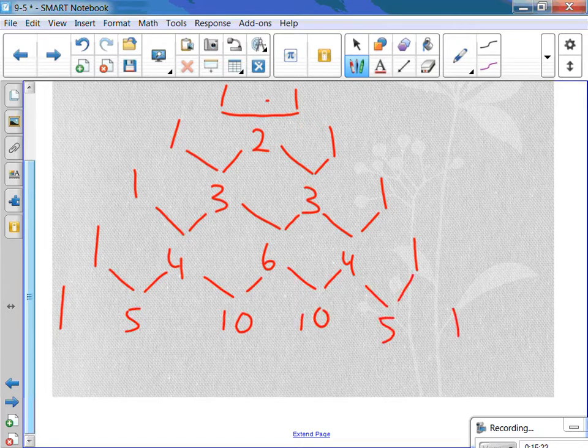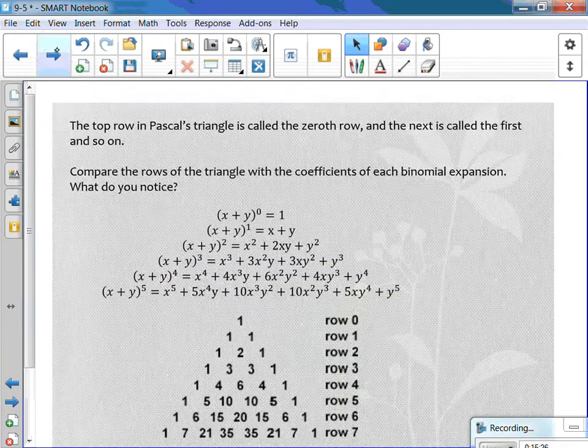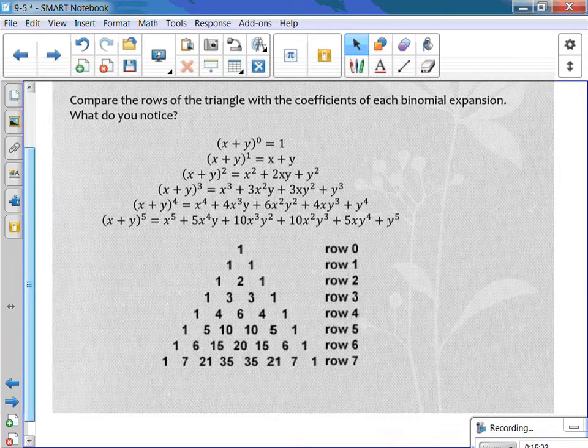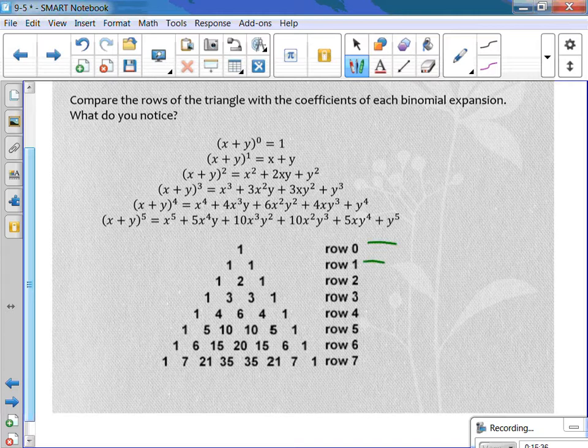But as you can see, if we take a look at this, comparing the triangle with the coefficients, at the 0th row on down to the 7th row, here we have row 1, where we have the coefficients of 1, 1, comparing right up here with our x plus y to the 1, they both have coefficients of 1. Here, row 2, 1, 2, 1.